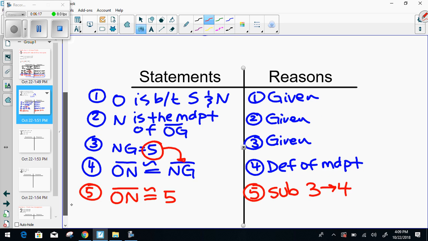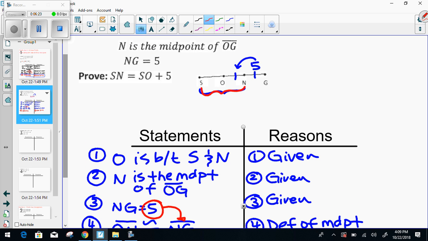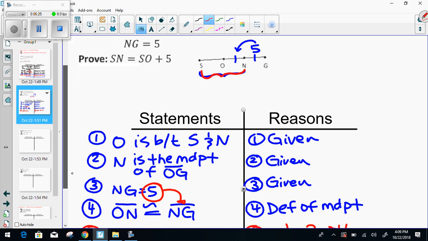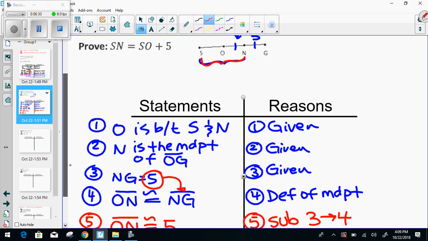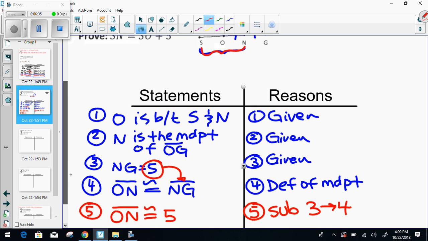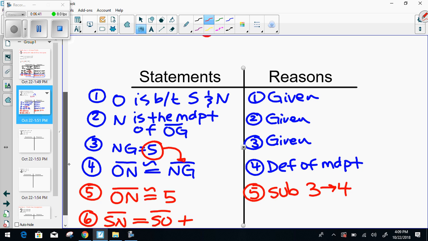Now that we know ON is 5, let's go back up and create an equation from SN. So SN is equal to, that entire segment is equal to the addition of the two smaller ones, SO plus ON.